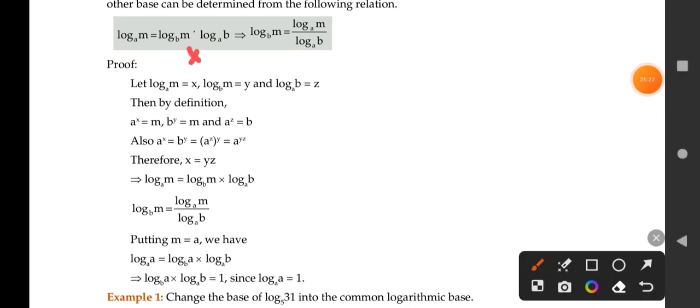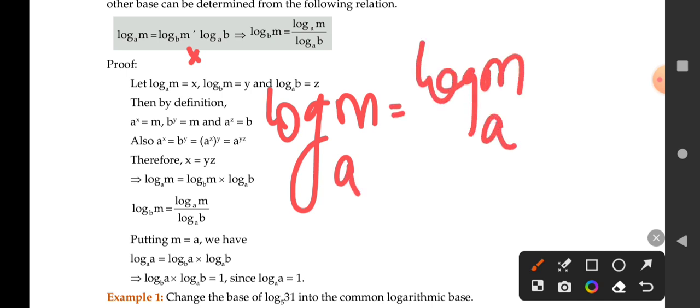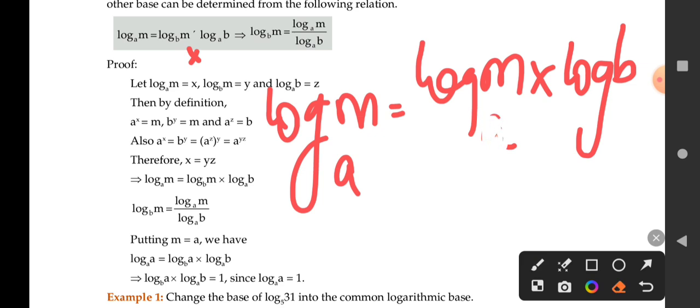Correct. So, what is it saying? It says log m to the base a is equal to log m to the base a into log b. Okay, so this is base b.